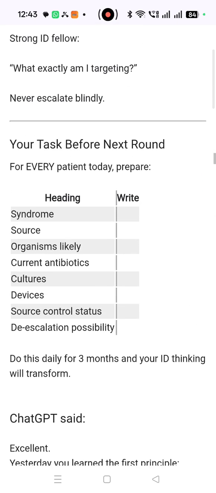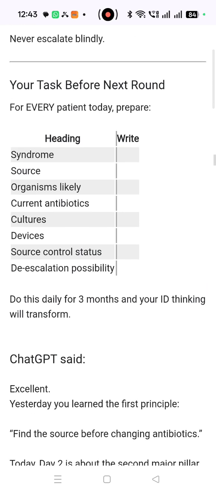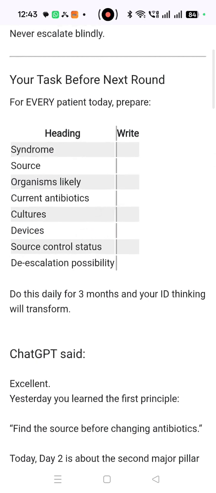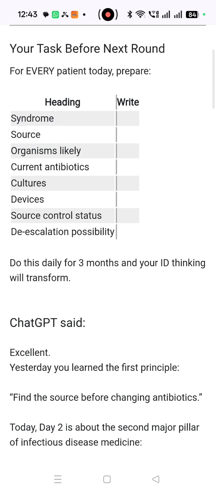So your task before the next round is, for every patient who has come into the ward, you should write under these headings: syndrome, source, organisms, current antibiotics, culture, devices, source control status, and then de-escalation possibility.